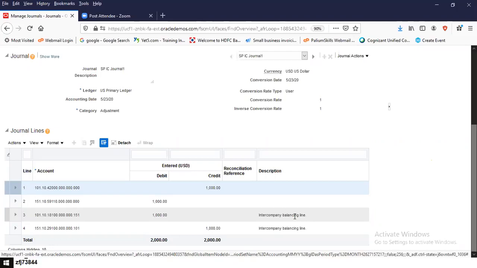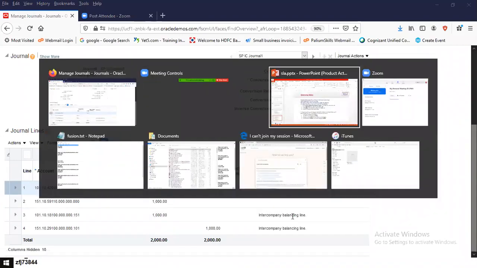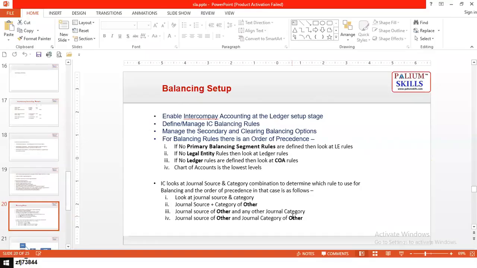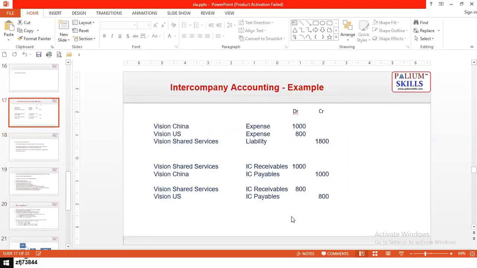You don't have to worry about the balancing part of it. This goes back to our opening journal entry that we saw today. If you remember, we talked about this. The system will generate the corresponding intercompany transactions.